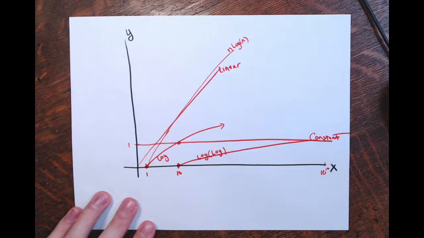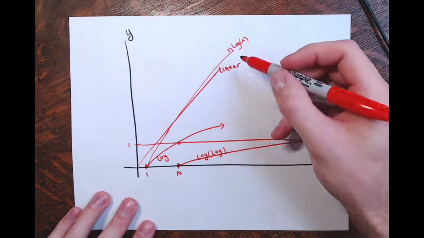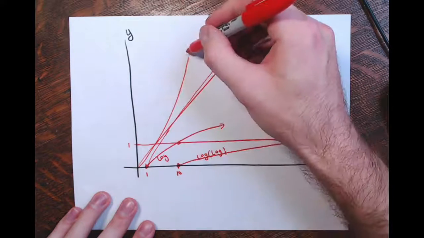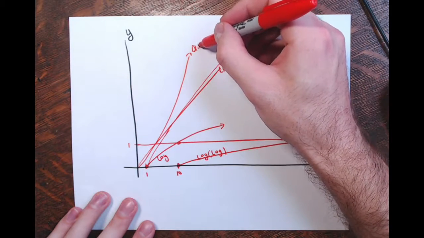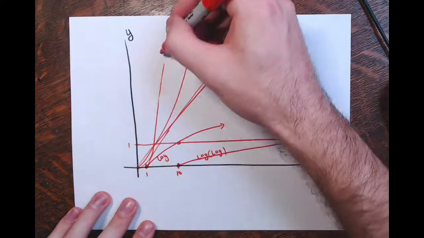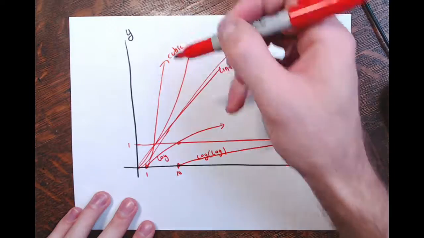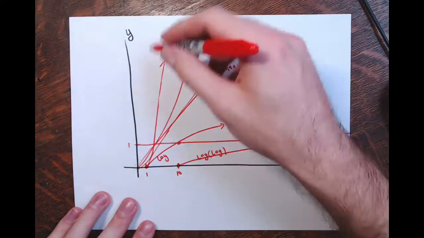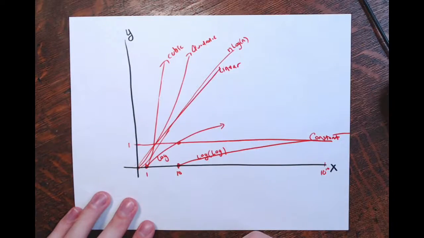Then you have your other degree polynomials. Linear is a degree 1 polynomial. Then you have your quadratics. Then you have your cubics. So they grow even faster. And 4th degree, 5th degree would be even faster.